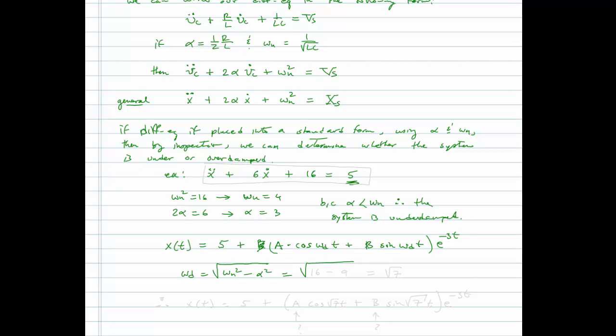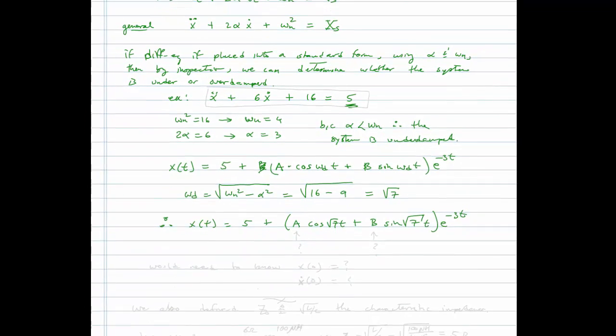So that's 16 minus 9, which would be 7, square root of 7. So therefore, the solution is x of t is equal to 5 plus A cosine of square root of 7 t plus B sine square root of 7 times t, the whole thing times e to the minus 3t.